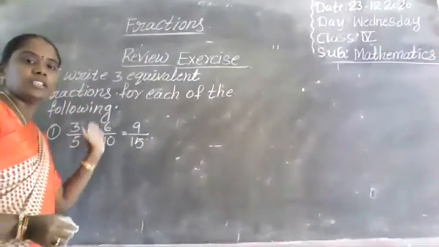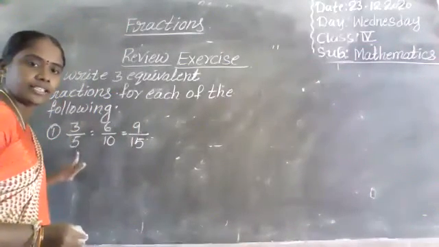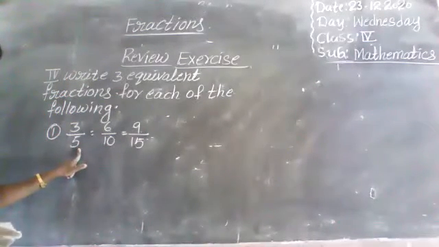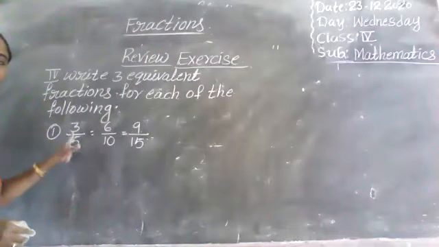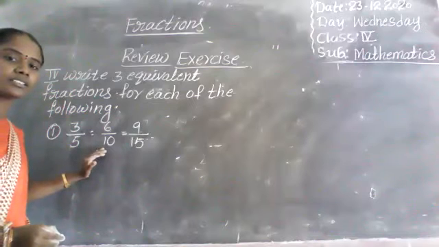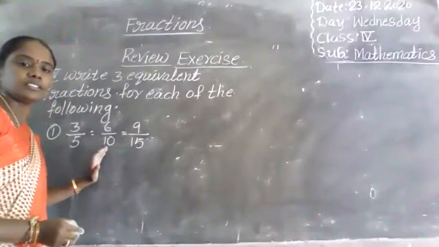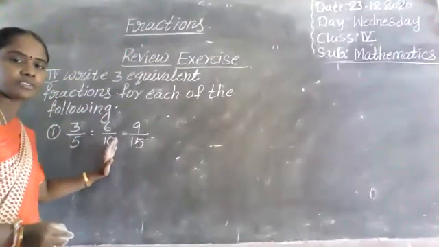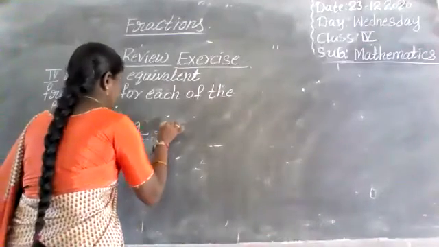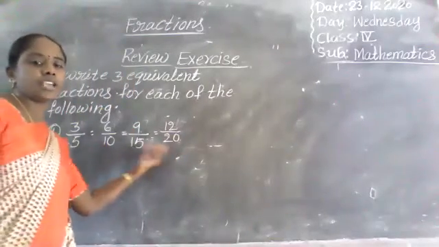Next, multiply by 4 in the numerator and denominator. 3 fours are 12. 5 fours are 20. 12 by 20 is an equivalent fraction of the given fraction.